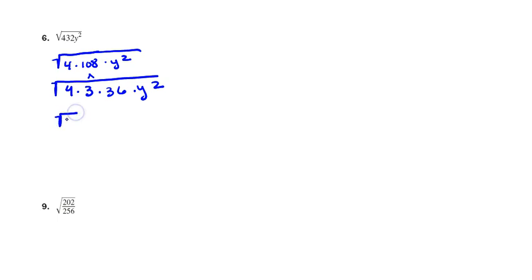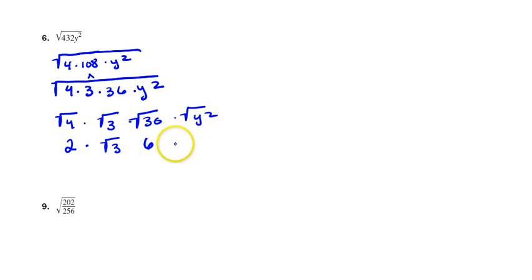I can rewrite this as the square root of 4 times the square root of 3 times the square root of 36 times y squared. I know the square root of 4 is 2, times the square root of 3, which I can't simplify. I know the square root of 36 is 6.